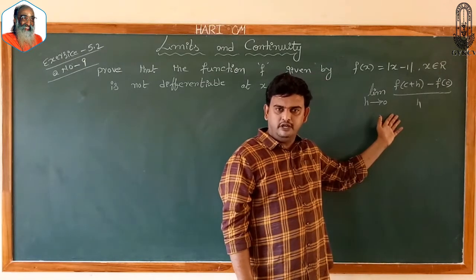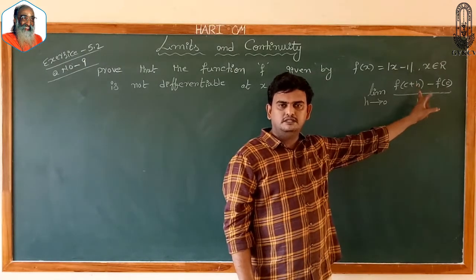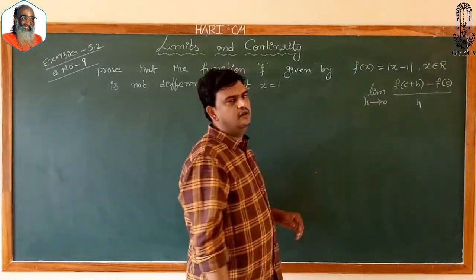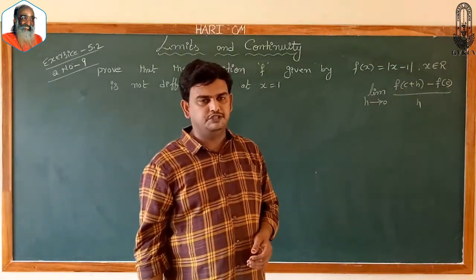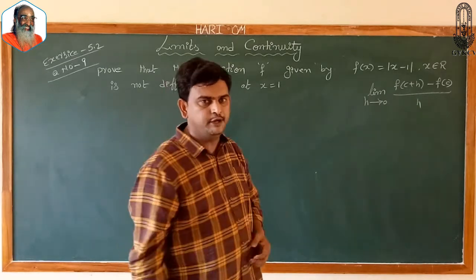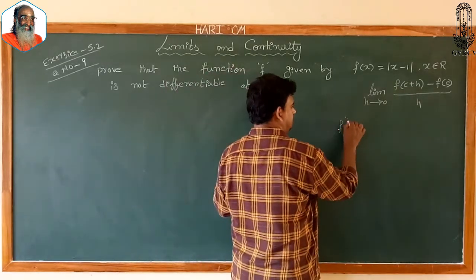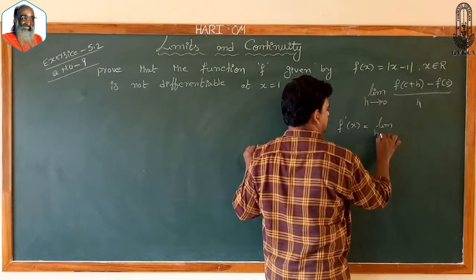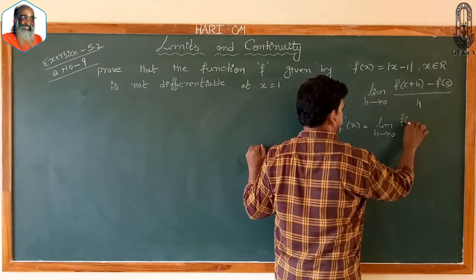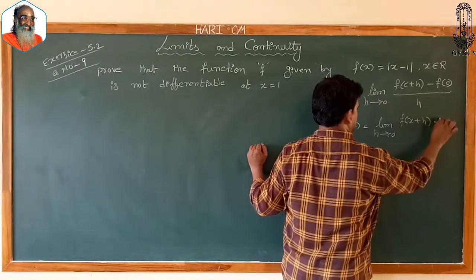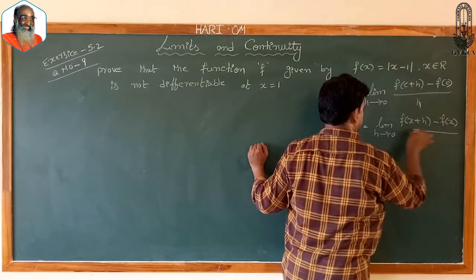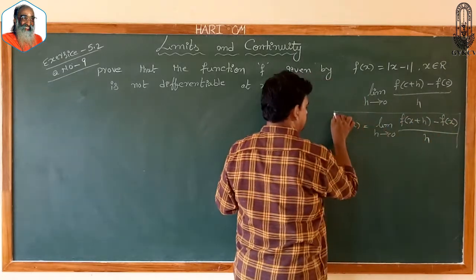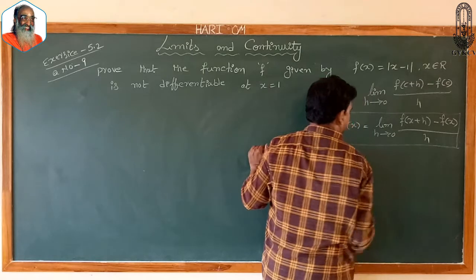Usually the first principle of derivative is f dash of x is equal to limit h tends to 0, f of x plus h minus f of x by h. This is the first principle derivative formula.